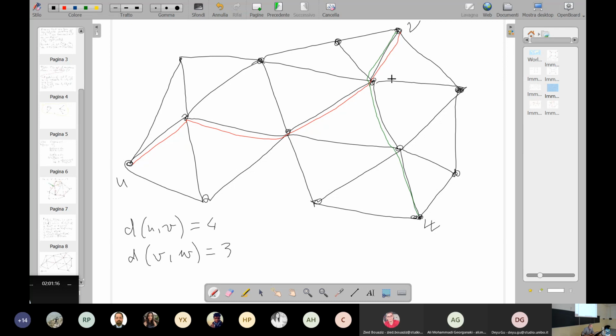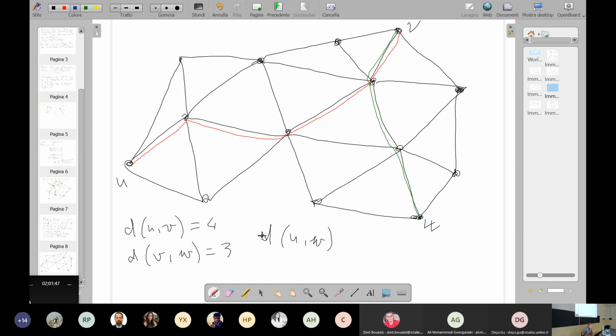Because we have eliminated a part of the walk in order to get a path, we get that the distance from U to W, if you want, is surely shorter than that, and actually is even shorter than that, because we might even find something even less than this.